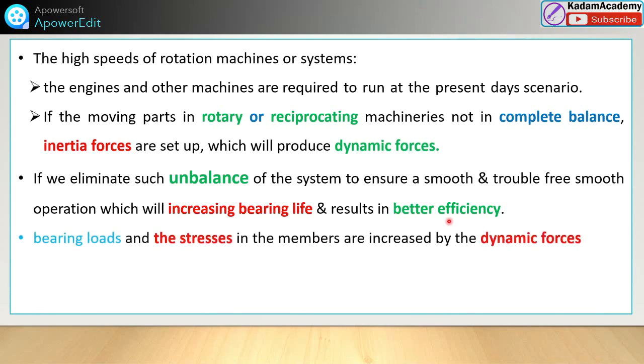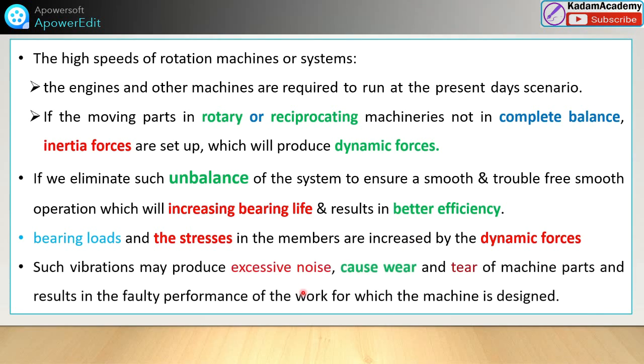Bearing loads: what will happen to these bearing loads? An increase in the bearing loads will decrease the life. And stresses in the members will increase due to the dynamic forces.